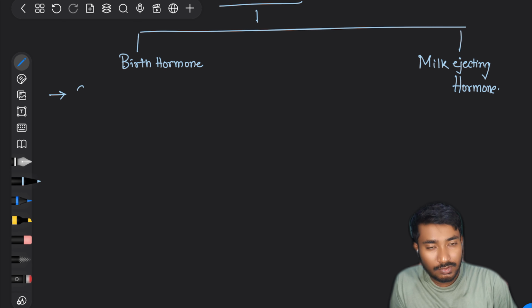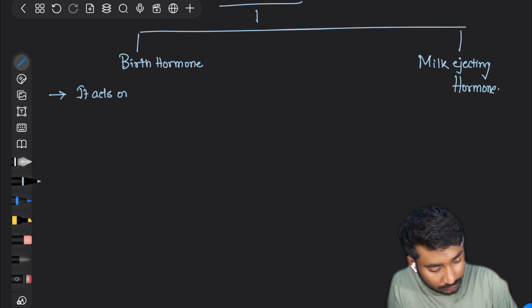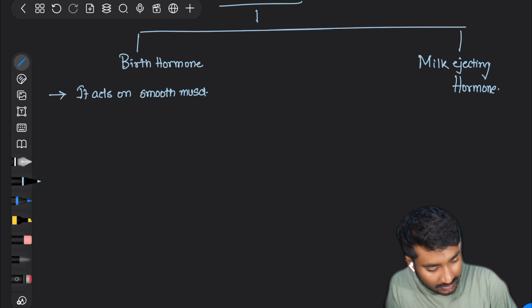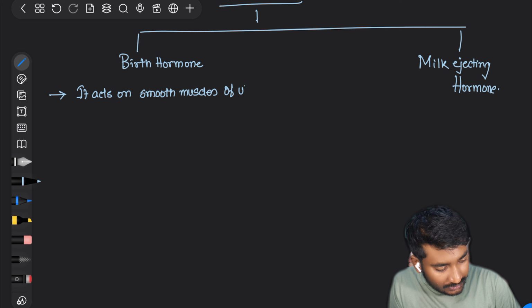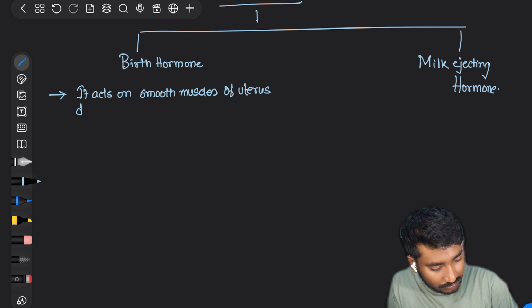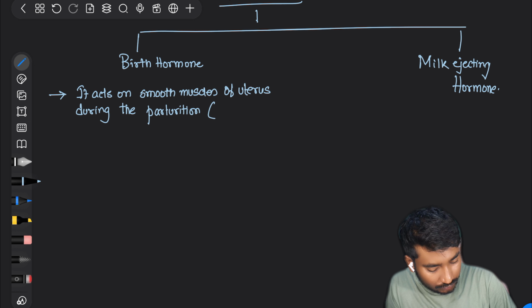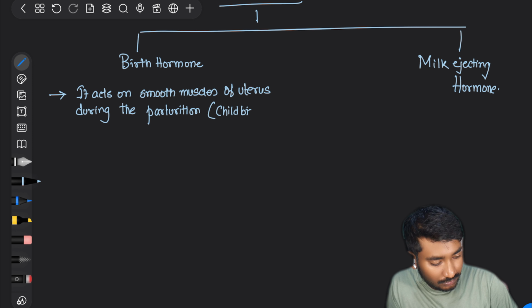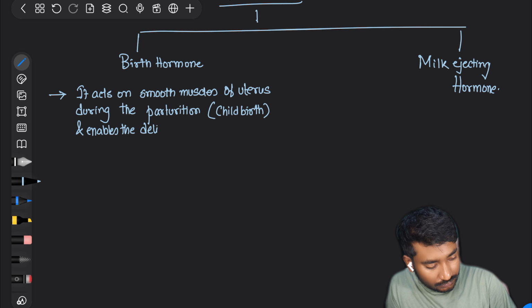Why is it called the birth hormone? It acts on the smooth muscles of the uterus during parturition, that is childbirth, and enables the delivery of the baby.